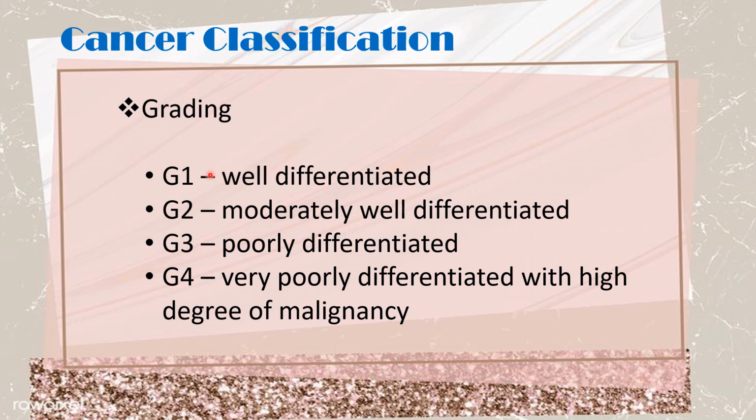So we have grade 1, which means well differentiated, grade 2, moderately well differentiated, grade 3, poorly differentiated, grade 4, very poorly differentiated with high degree of malignancy. So when we say grading, it is actually cellular, or it focuses on the cellular aspect.